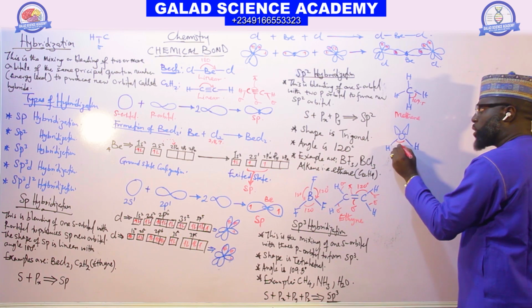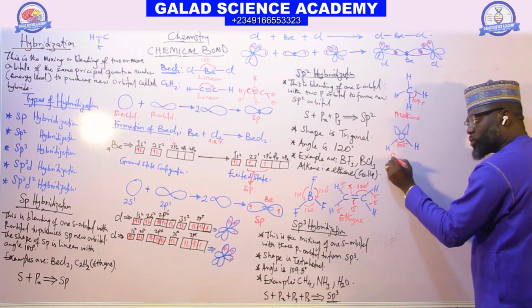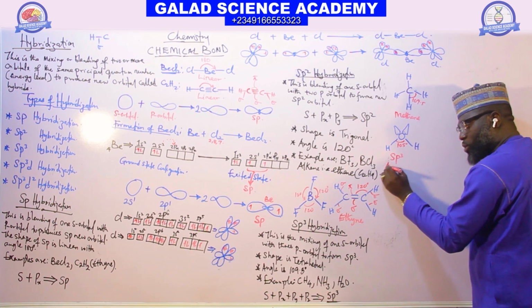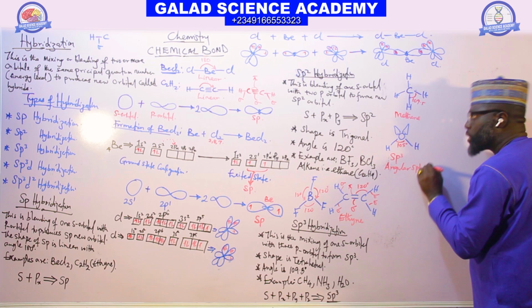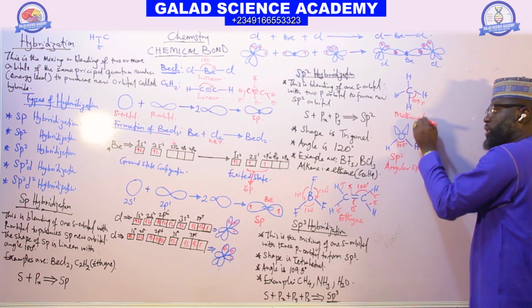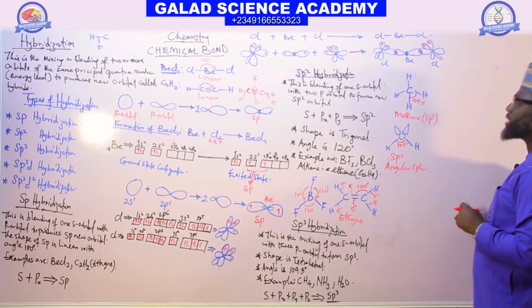The angle here is 105. So the hybridization of water is sp3, but the shape of water is angular. The hybridization of methane is sp3, but the shape is tetrahedral.